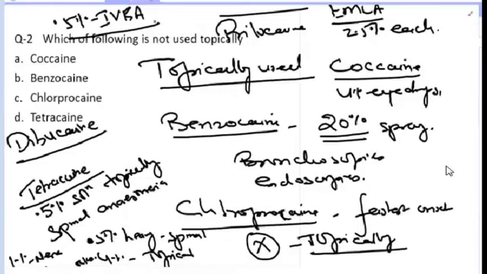All of you know that for intravenous regional anesthesia, bupivacaine is contraindicated. Bupivacaine should not be used. So what is the maximum safe dose of lignocaine?